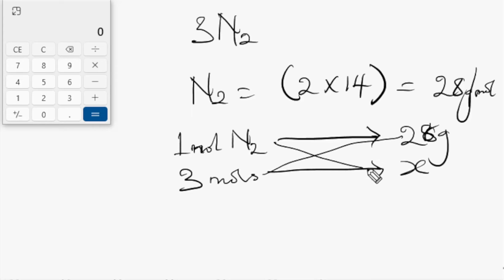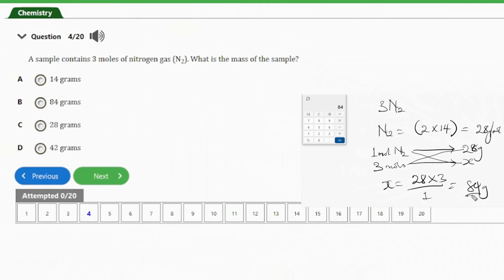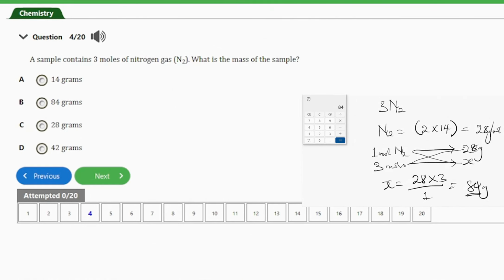So when we cross multiply here, we're going to have x to be 28 times 3 over 1. So 28 times 3 here, guys, is 84. So that's 84 grams. So guys, the answer to this question is option B here, and that's 84 grams.